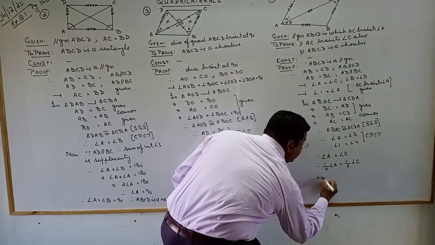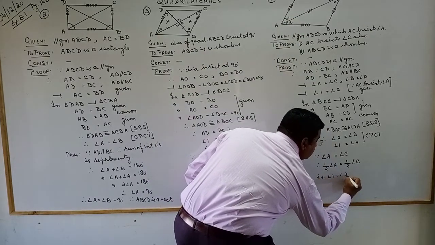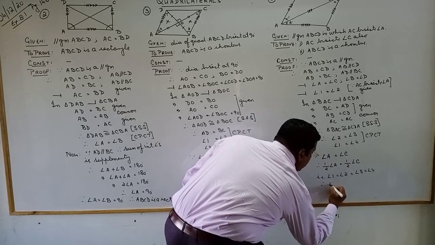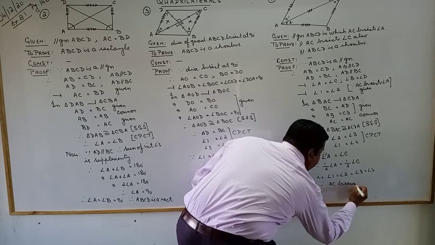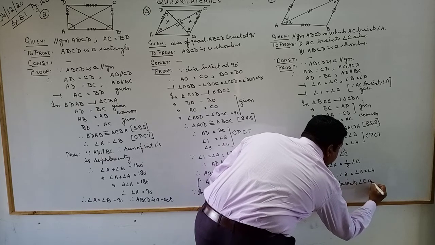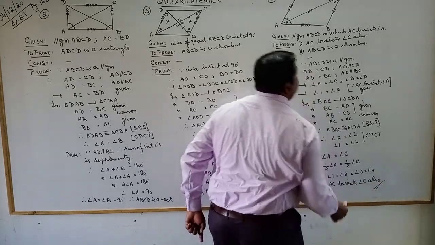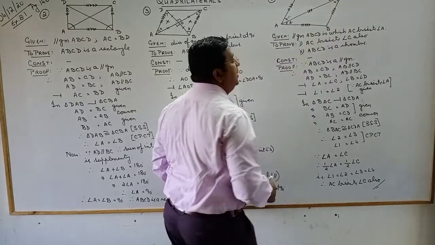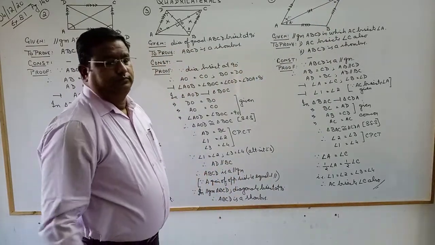That is angle 1 is equal to 2 is equal to 3 is equal to 4. So therefore AC bisects angle C also. All these 4 angles are respectively equal.